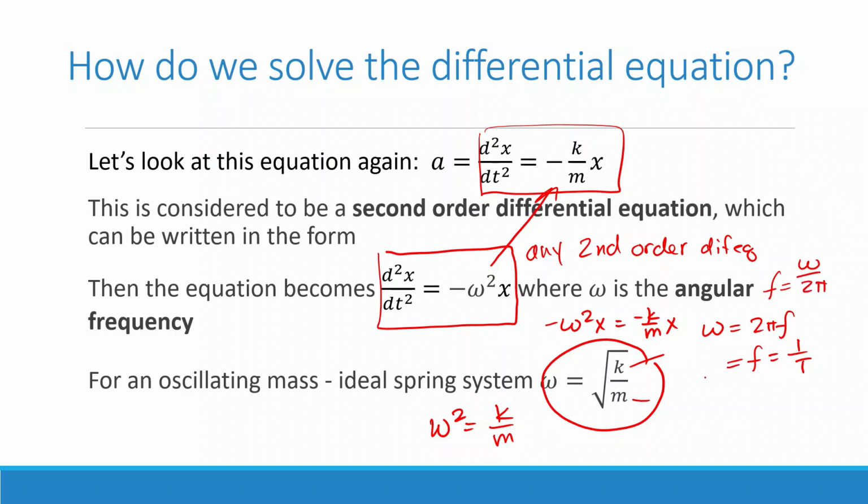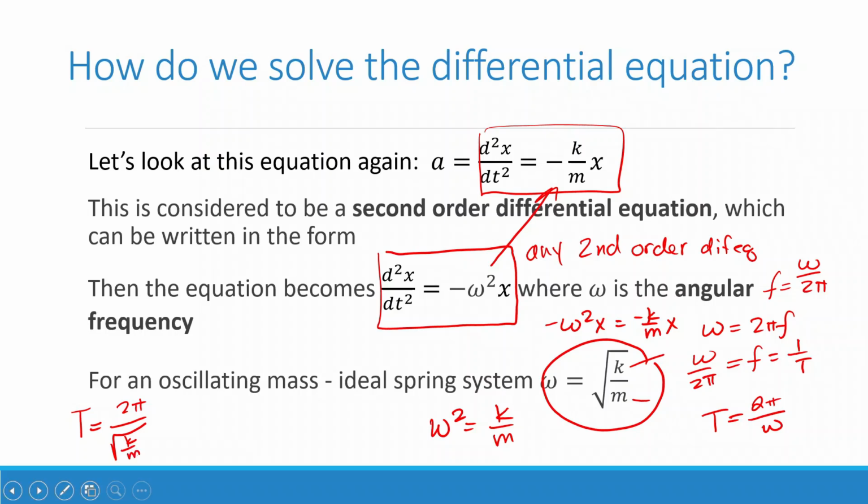So if I substitute that in here, I can see that my period T, cross multiplying and dividing, is going to be equal to 2 pi over omega. So if I make that substitution, my period is going to be 2 pi over the square root of k over m.